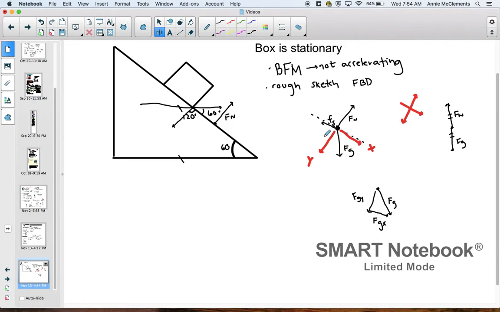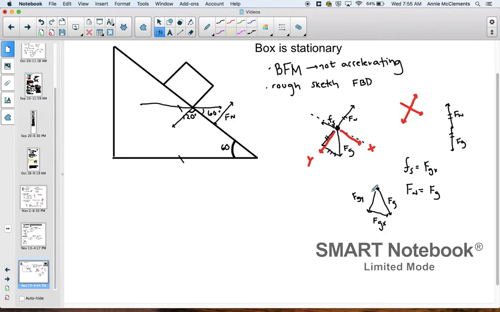If we split those up, we can see that Fgy has to equal Fn, and Fgx has to equal the static friction, if the box isn't moving. So this is tricky, but it's a matter of shifting your view on it.